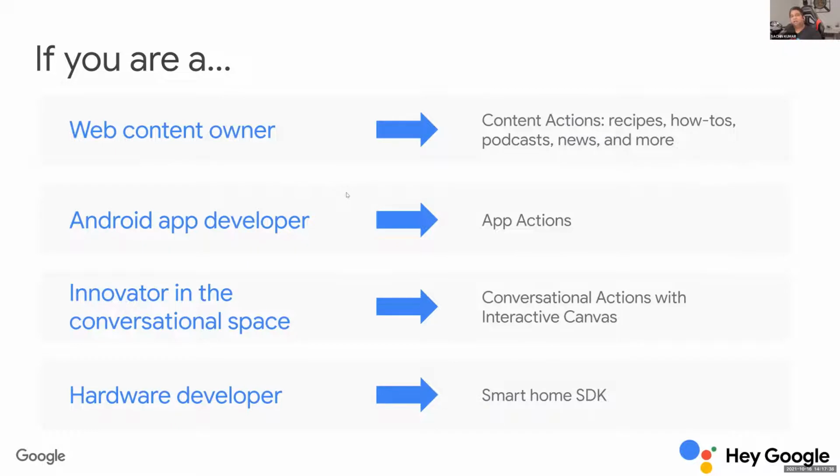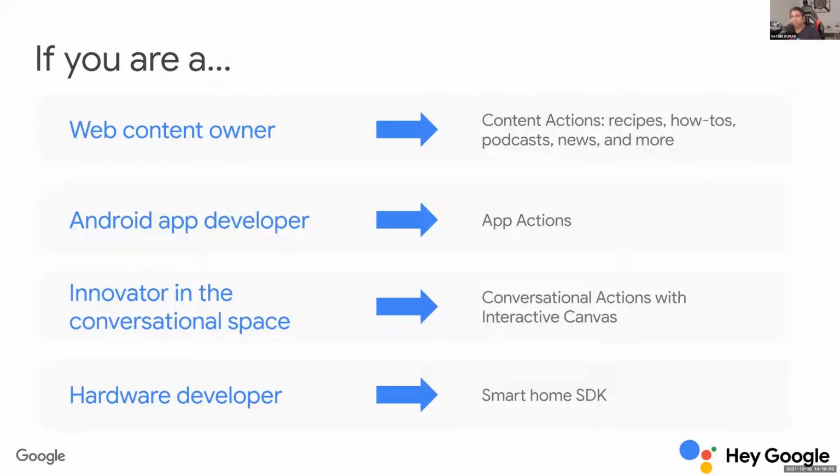And apart from just the conversational part, one of the things that you have to start understanding is that no matter what kind of developer you are, you could be a web content owner. You might have your own website, any kind of content that you have on the web.